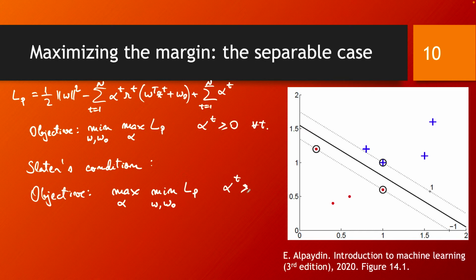So alpha t is greater than or equal to 0 for all t. And so at this point, the problem becomes quite a bit easier, because minimizing by W and W0 leads us to consider the partial derivatives of this Lagrangian with respect to W and W0 and making them equal to 0, and out of there getting some new conditions that are going to help us to simplify this Lagrangian.